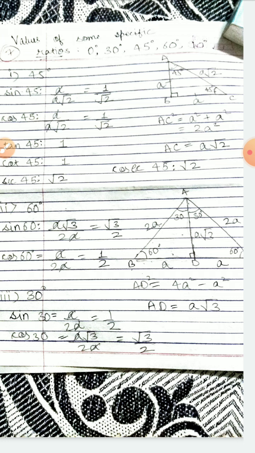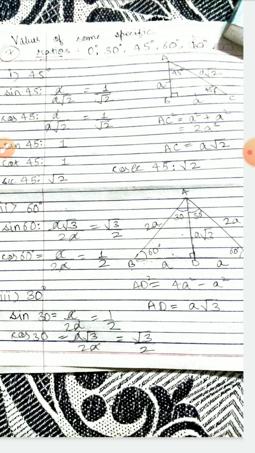So side AB will be equal to 2a, AC will also be equal to 2a, and BC is equal to 2a, and hence angle A will be equal to angle B will be equal to angle C, which is equal to 60 degree. As AD is the angle bisector of angle A, this will be divided into two equal parts, that is 30 degree and 30 degree.